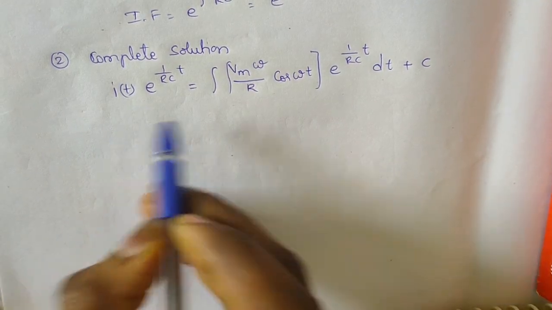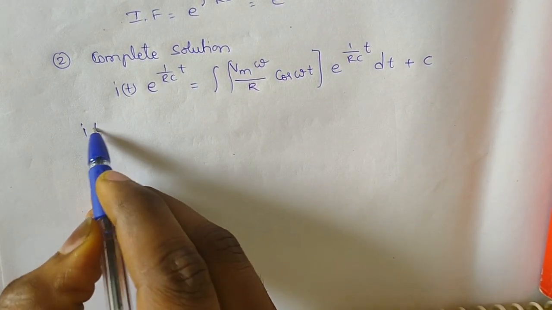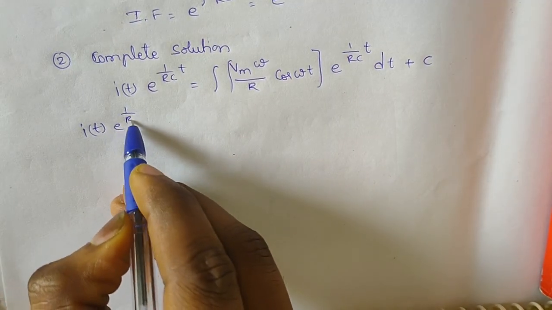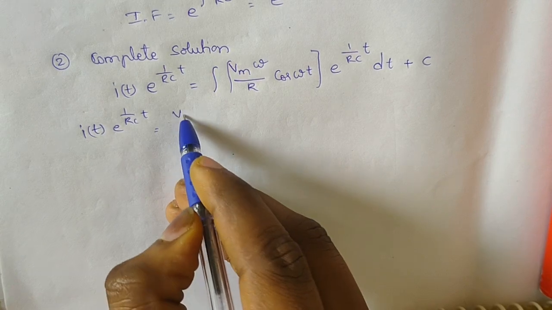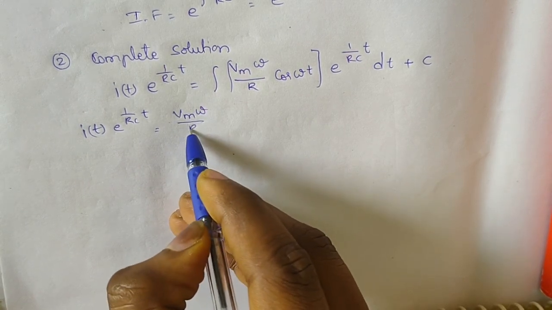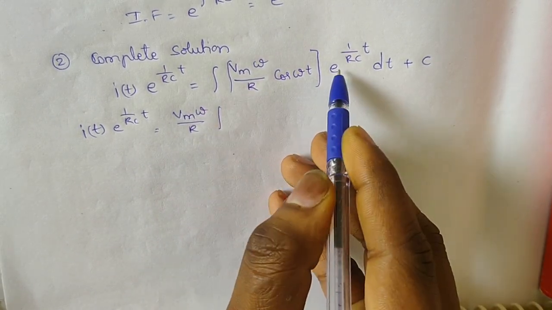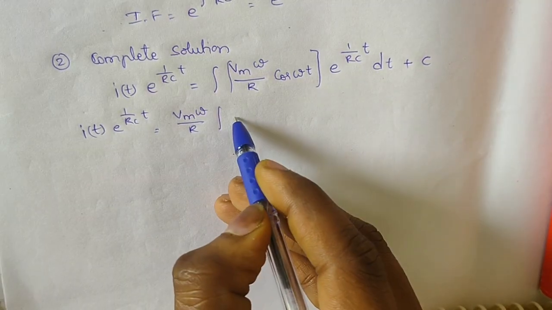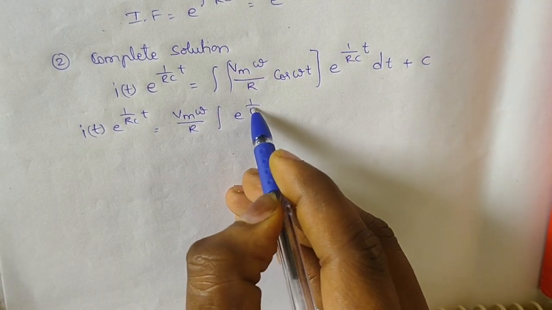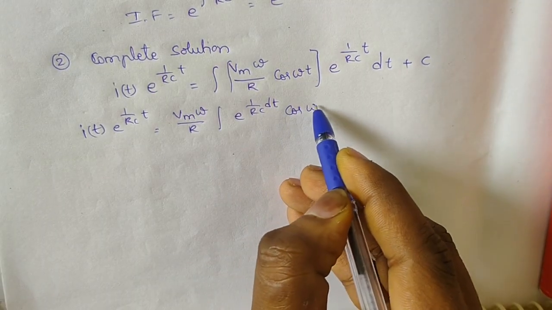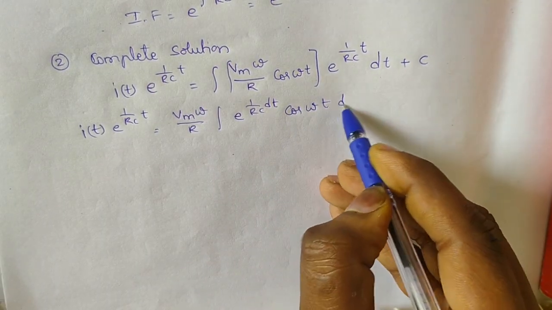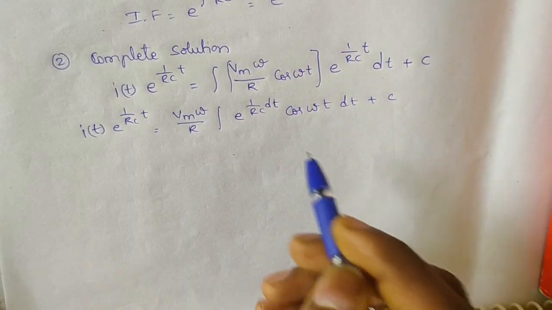So from this equation, I of t e power 1 by RC into t is equal to, with the constant coming out, omega by R, and integration of e power 1 by RC t cos omega t dt plus c.